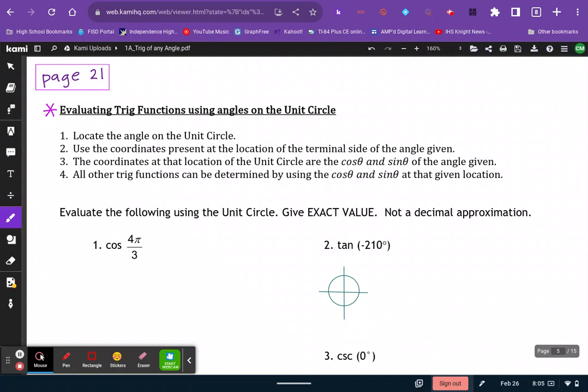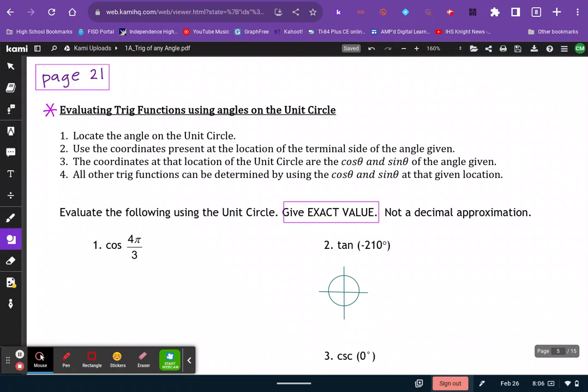The steps given at the top of the page tell us to first locate the angle on the unit circle, and then use the coordinates at that location to answer the questions. It's very important that you notice this part right here. We are always going to give an exact value.